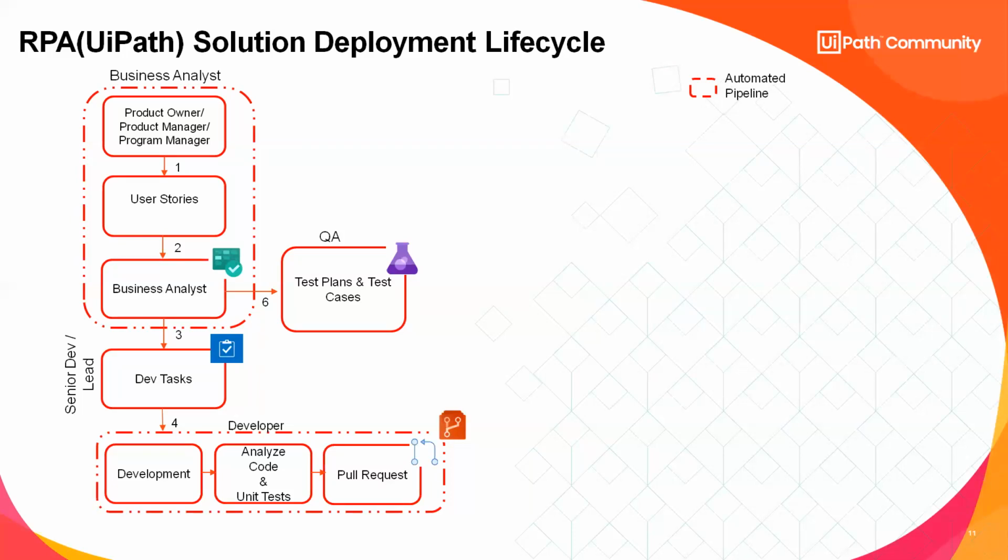Once the development is completed, or if he thinks the development is completed, he'll analyze the code with the help of the workflow analyzer, and he performs some unit test cases. Then he has to raise a pull request to notify the senior team lead to get the code reviewed.